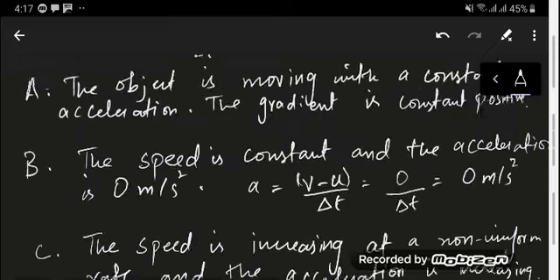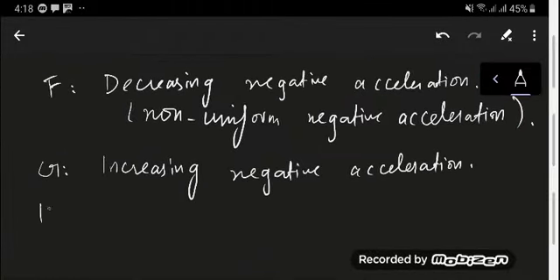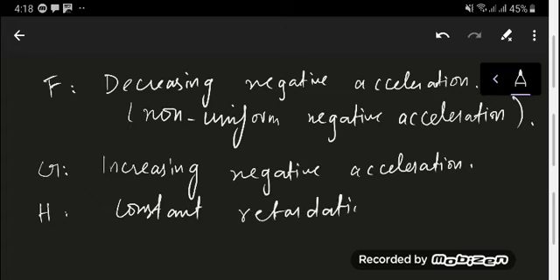And part H, which is constant deceleration or retardation. The negative acceleration is constant. So part H is constant retardation or deceleration. This is very important. Constant retardation or deceleration.